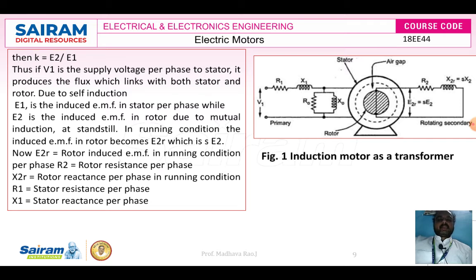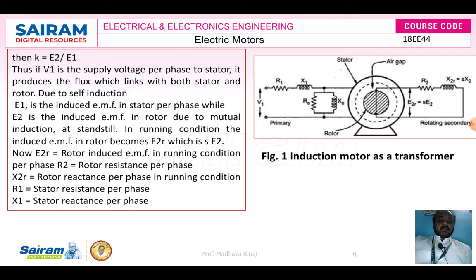V1 is the supply voltage per phase to the stator, which produces the flux that links with both stator and rotor due to self induction. So E1 is the induced EMF in the stator per phase, while E2 is the induced EMF in the rotor due to mutual induction at standstill.